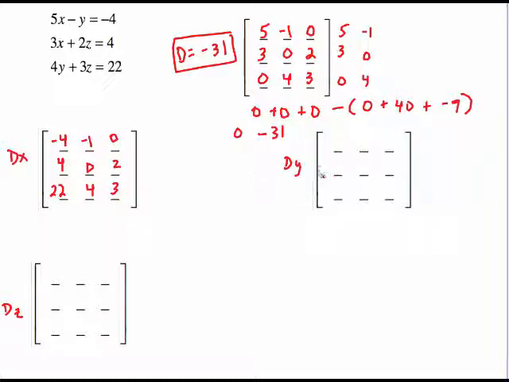The dy matrix, we're going to put the constants into the y column. And your x and your z columns stay what they were originally. dz, you're going to put the constants into the z column, and your x and your y columns stay what they were originally.